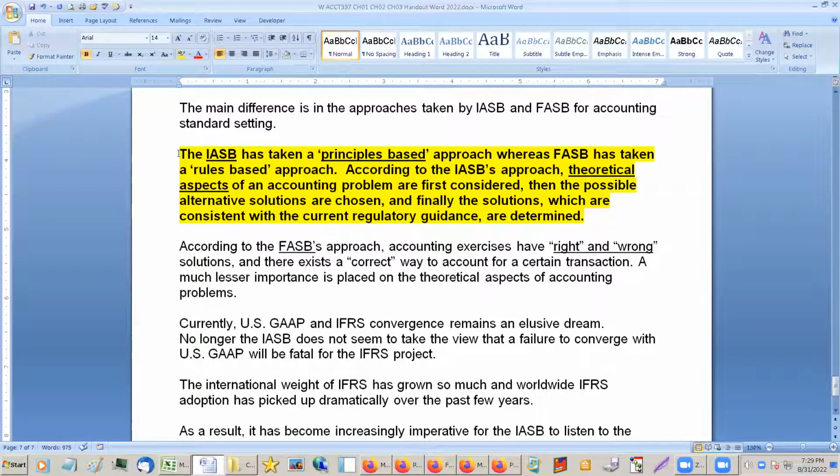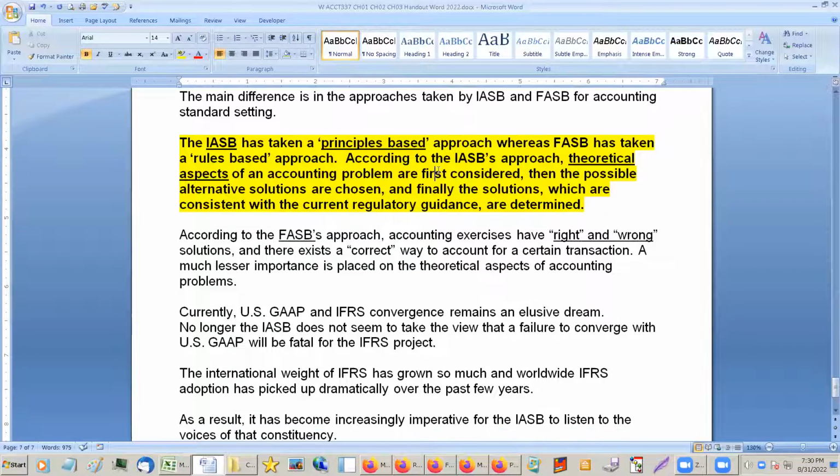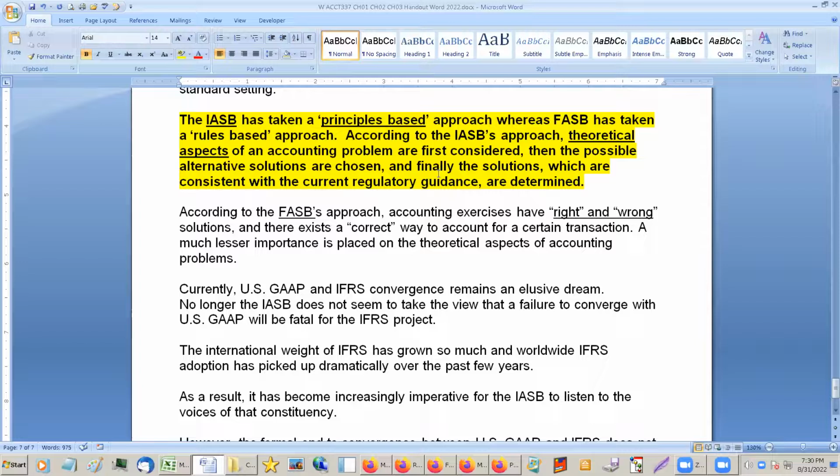So European standards, and the international standard, I should say, you look at, okay, what are the characteristics of an asset? So is this an asset or not? So their approach is more based on the principles of it. The US is based on rules.